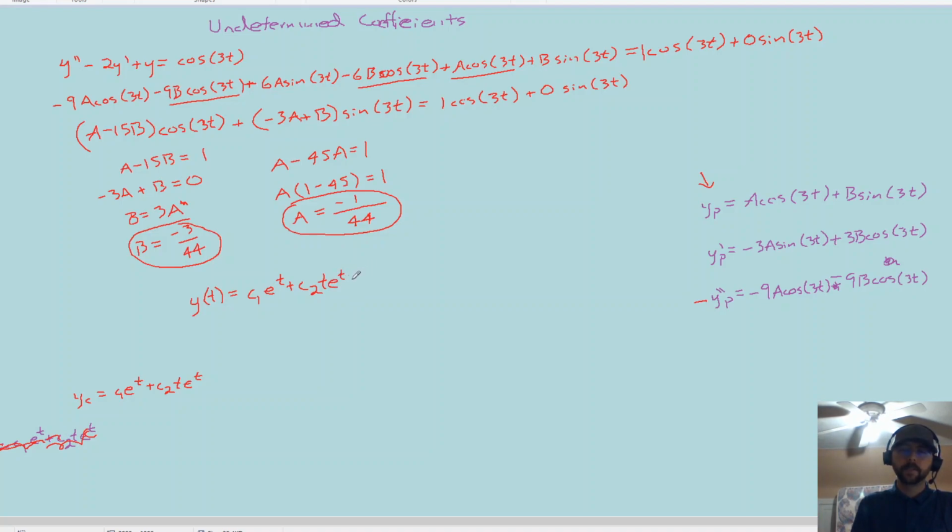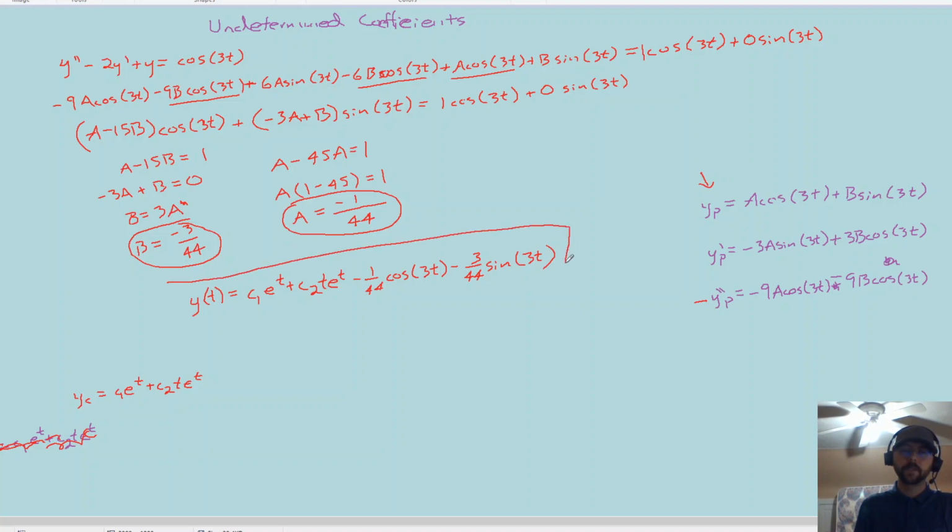A was negative, so minus 1 over 44 cosine of 3t. B is also negative, minus 3 over 44 sine of 3t. And this is as full as we can get for our solution.